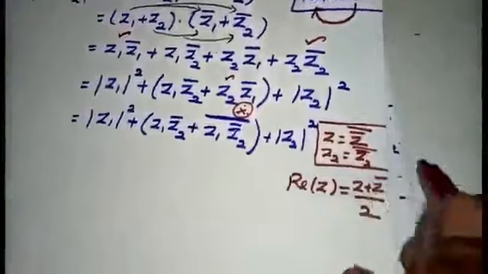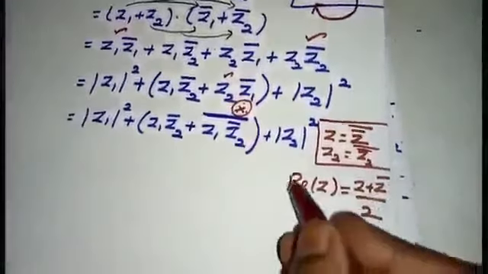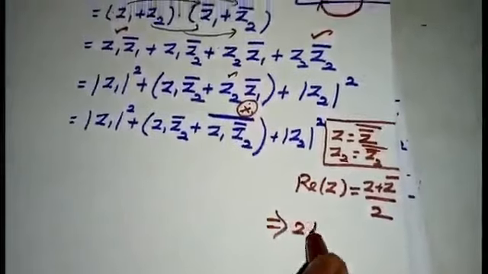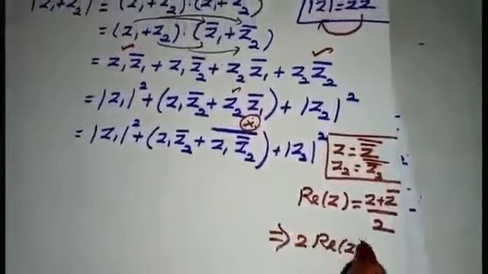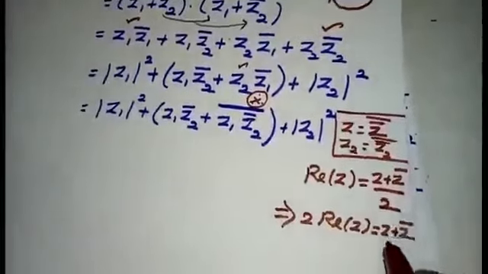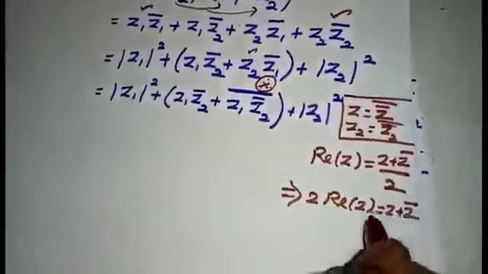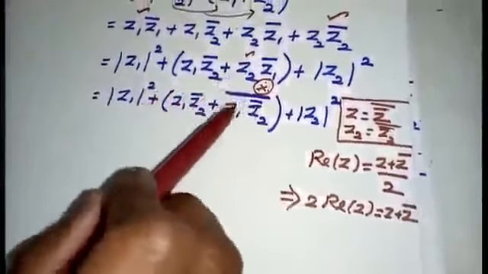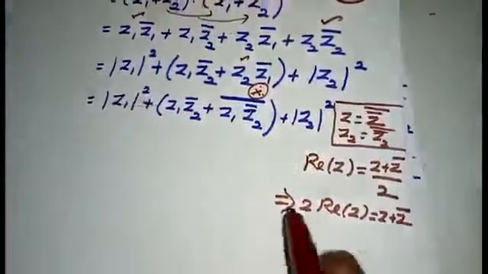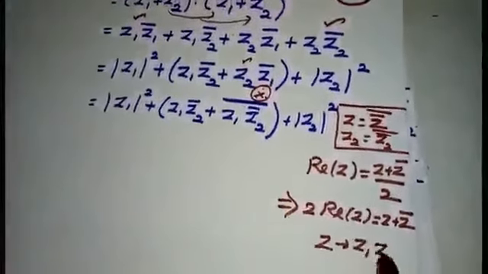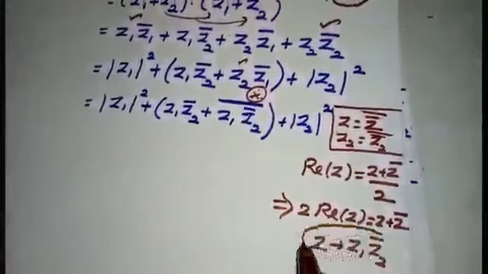Now if I cross multiply this 2, I can write 2 real part of z is equal to z plus z bar. So in place of z plus z bar I am having this value. Just imagine, in place of z I am having z1 z2 bar in my theorem.